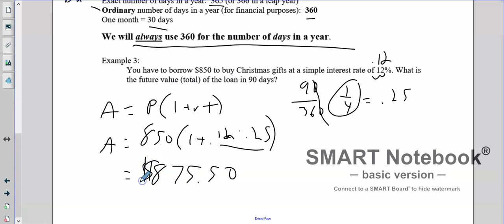You've got to make sure you remember to add that 0. Now, the nice thing about these calculators is they do follow the rules of operation. So if you type in 850, you've got to remember to do the parentheses if you're going to do this all in one fell swoop, and then you just type in 1 plus 0.12, hit the times button on your calculator, 0.25, make sure you close your parentheses. It will give you this if you enter it all in one fell swoop. But that's it.